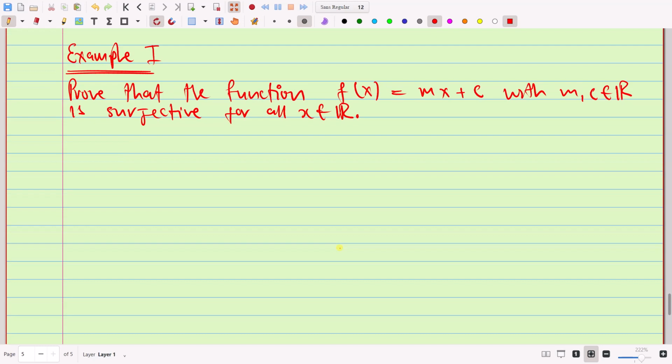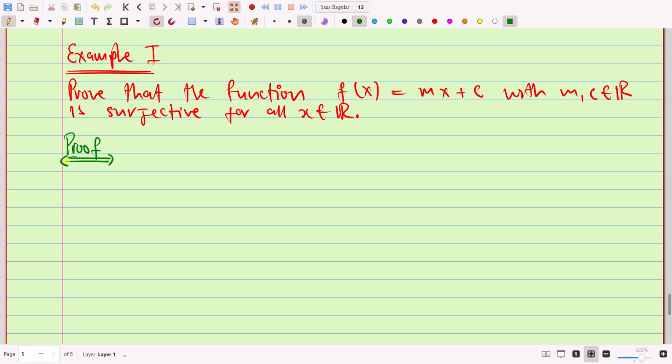So how does one prove that a function is surjective? This can be a very tricky proof to do, mostly in math, but we're going to demonstrate here how to actually prove that this is indeed true. So the proof goes as follows.